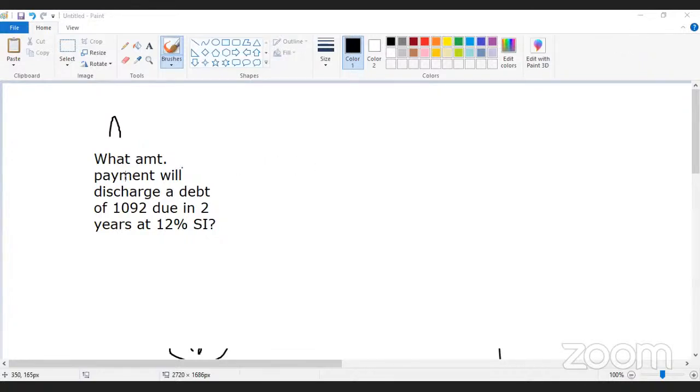It's amount. No, the debt is 1092. So they're asking what is the amount. The debt is 1092. They're asking what is the amount. Check the question once.